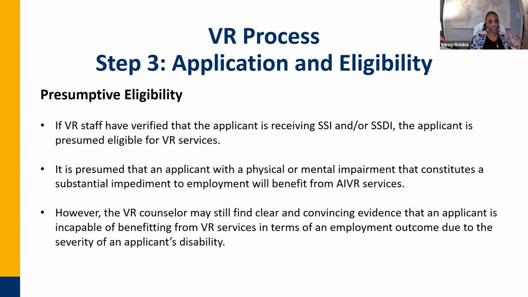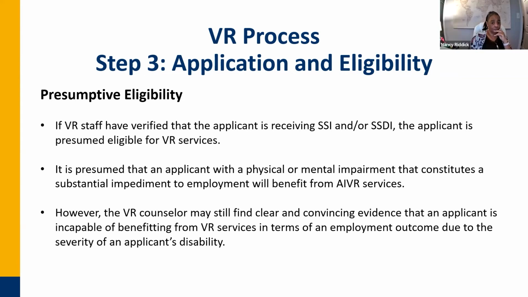So again, we have to do our legwork and we have to do our documentation. If we find that the applicant is incapable of benefiting from AIVRS services, it's so important, if you do have an applicant who, for whatever reason, is not capable of benefiting from services, you best believe you have that documented and documented well.